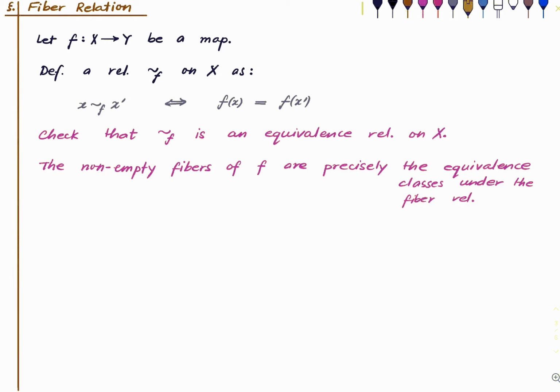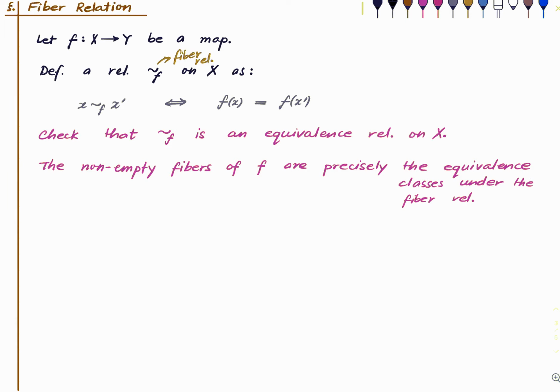Right, so this is the fiber relation, and it is an equivalence relation, and the non-empty fibers are precisely the equivalence classes under this relation. So there is an equivalence relation which gives rise to all the non-empty fibers.